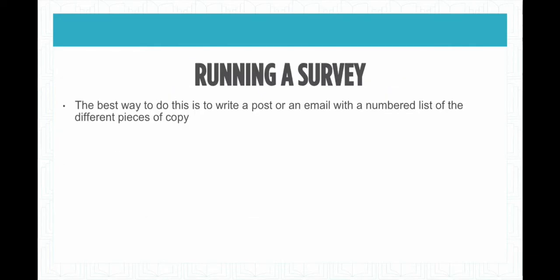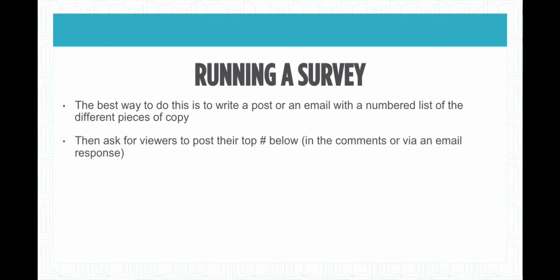Now, the best way to get feedback is to do a survey. So you can write a post, just like a regular Facebook post, or an email with a numbered list of these different pieces of copy. You need to number them, because it's a lot easier for people to respond with a number. You're going to get fewer responses if you just have a big list of pieces of copy.